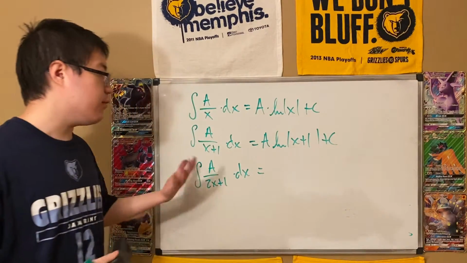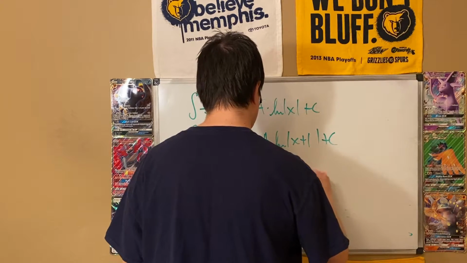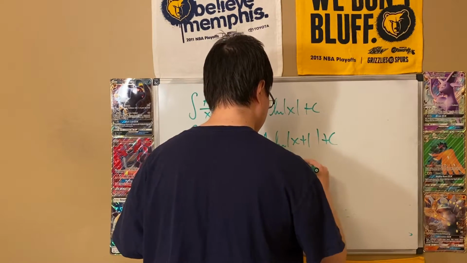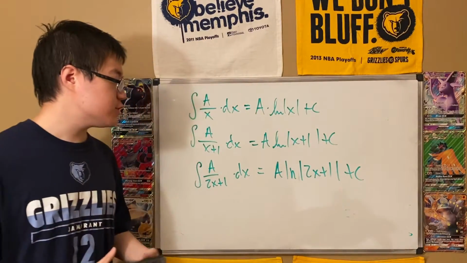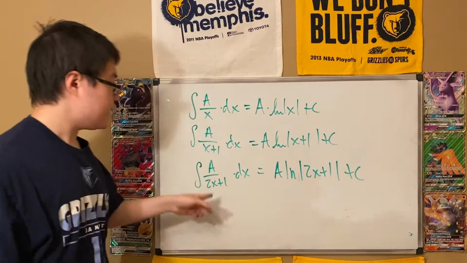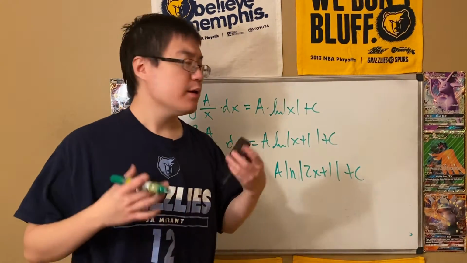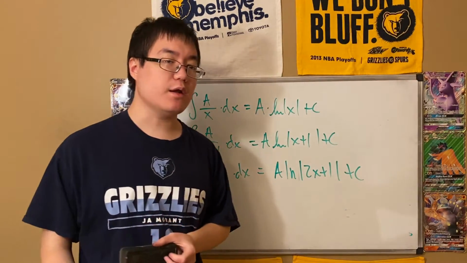And you might think that, well, the integral would just be the same sort of thing. It's going to be a times ln of 2x plus 1 plus c. But you would be wrong, unfortunately, because this does require a u sub, because the inside function is 2x plus 1. But we can skip these easy u subs as we talked about in our AB integral review.